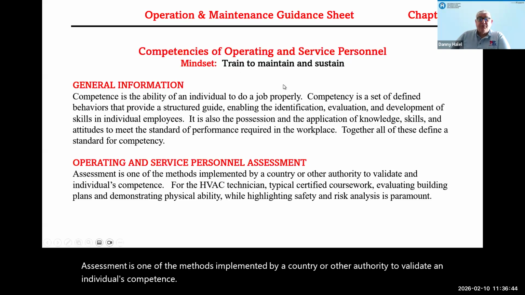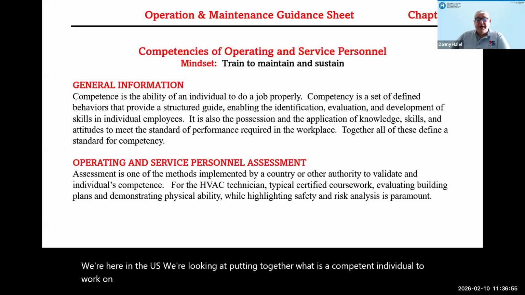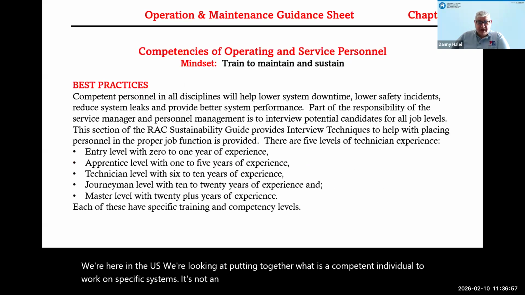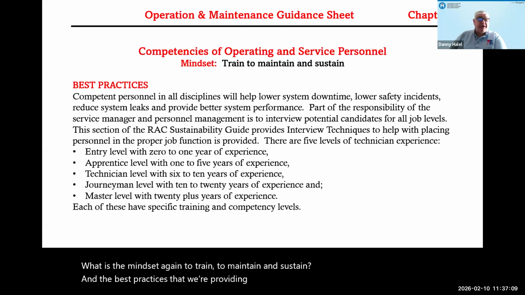We're here in the US, we're looking at putting together what is a competent individual to work on specific systems. It's not an easy task, but this right here can help. What is the mindset? Again, to train, to maintain, and sustain. And the best practices that we're providing are 5 levels of technician experience.